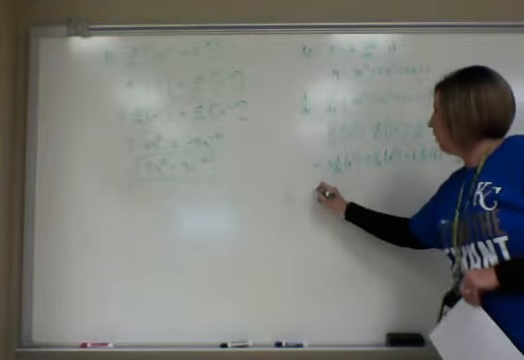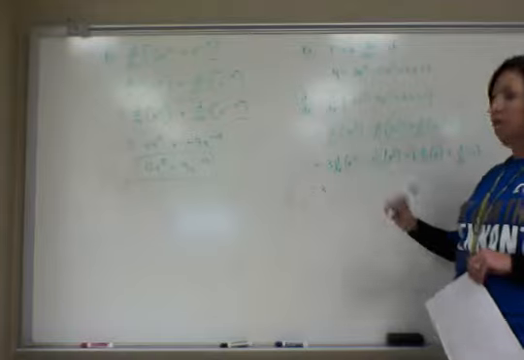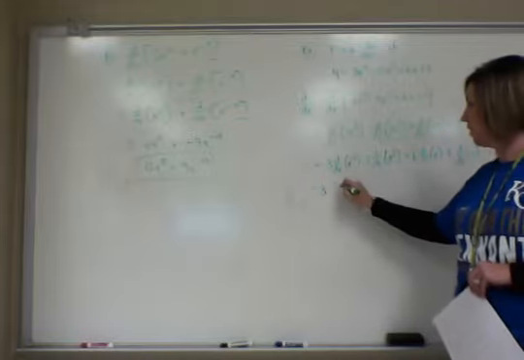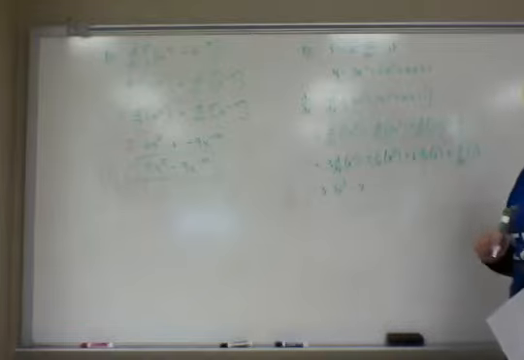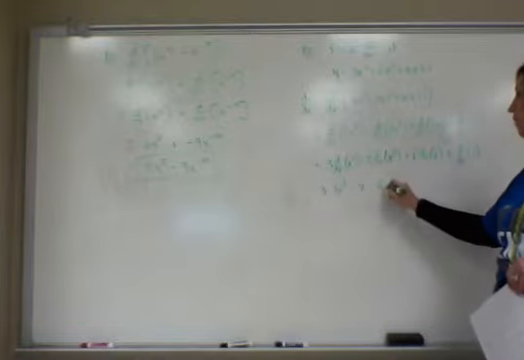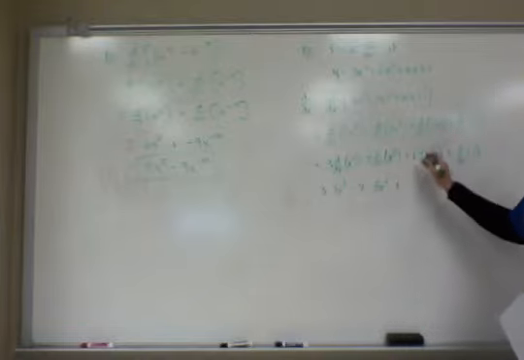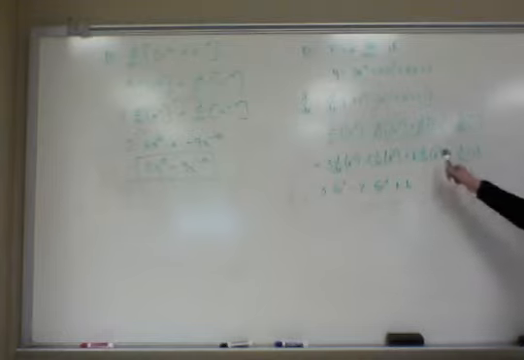All right, so we're going to have 3 times the derivative of x to the 8th, which is 8x to the 7th, minus 2 times the derivative of x to the 5th, which is 5x to the 4th, plus 6 times the derivative of x.